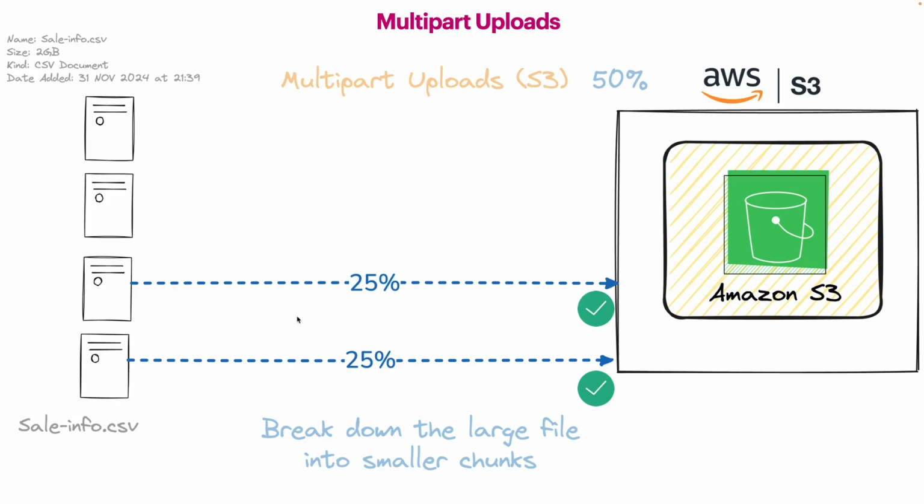So the CRT-based client also has some improvement in terms of error handling. So let's take a look here at an example where the upload fails. In this case, the CRT-based client is amazing.